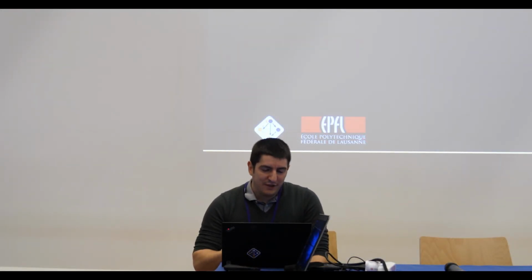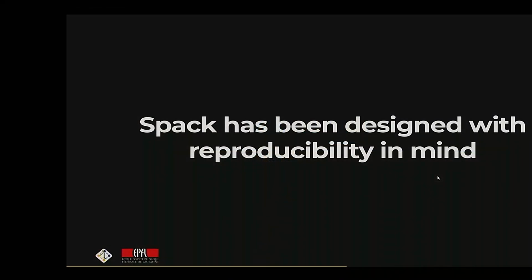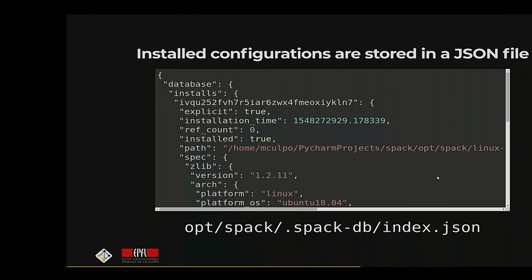So another aspect that I think is peculiar to Spack, at least if compared to some competitors, is that Spack has been designed with reproducibility in mind, meaning we try to keep around as much metadata as possible. Whenever you install something, all the information about what is installed goes into a central database.